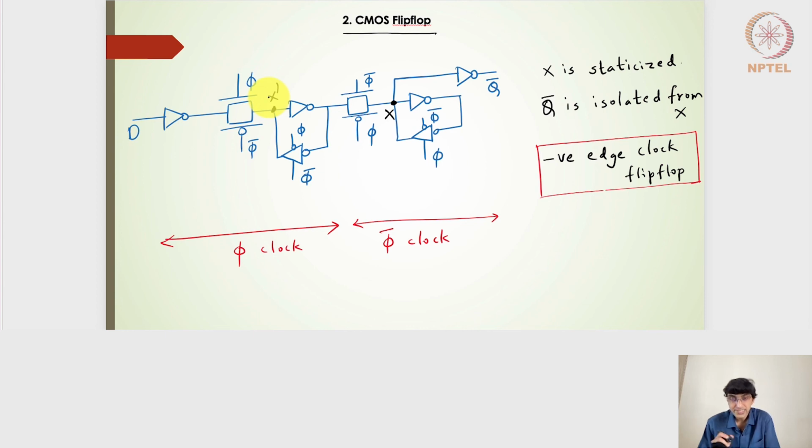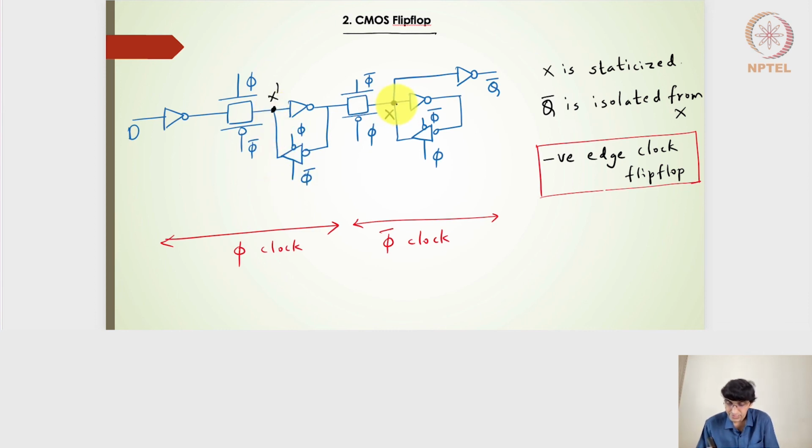So very similar to the latch design, we are bringing in the tri-state inverter here to ensure that this X node, although there will be a subthreshold leakage current, the moment it drops a little bit, there will be a charging back from this tri-state inverter. Or if it is getting charged due to the subthreshold leakage current, it will ensure that this has a stronger discharging path connected to the ground.